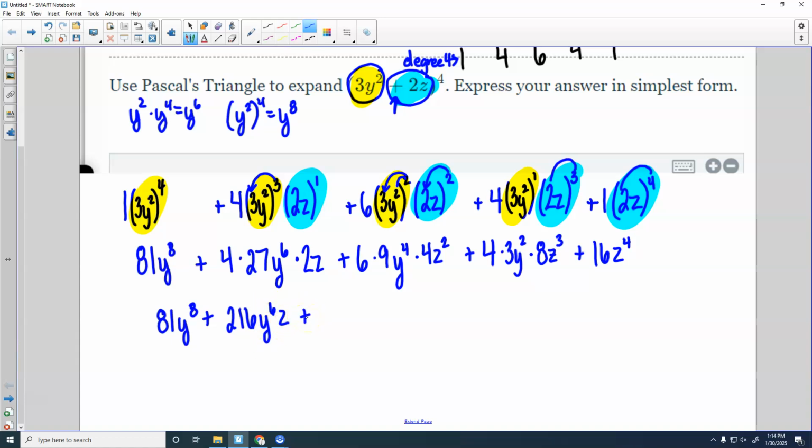Here you'll have 6 times 9 times 4, which will be 216 y to the 4th z squared. Then you got 4 times 3 times 8, which is going to be 96 y squared z to the 3rd. And then the last one would be 16 z to the 4th. Right there. So that's what you would type in as that last term.